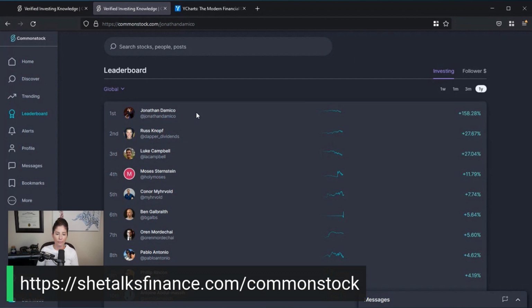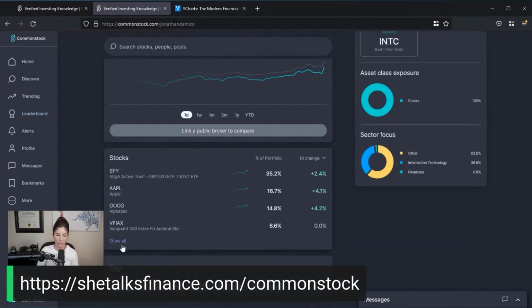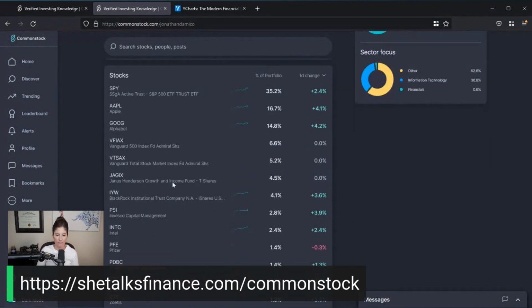So this portfolio here from this user, if I scroll down, you can see the entire portfolio. The first thing you'll notice is an allocation to SPY, which is an ETF that tracks the S&P 500 index, and he's got a 35% allocation to this ETF.